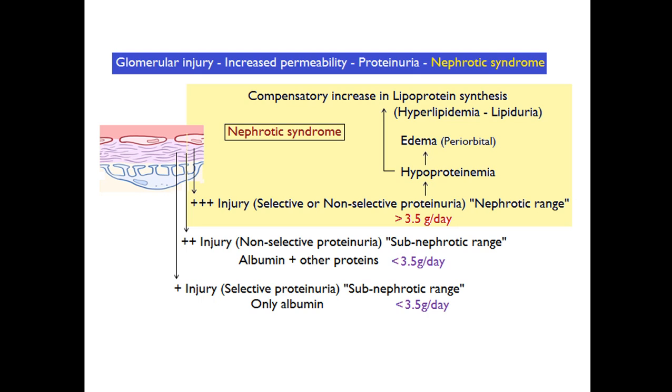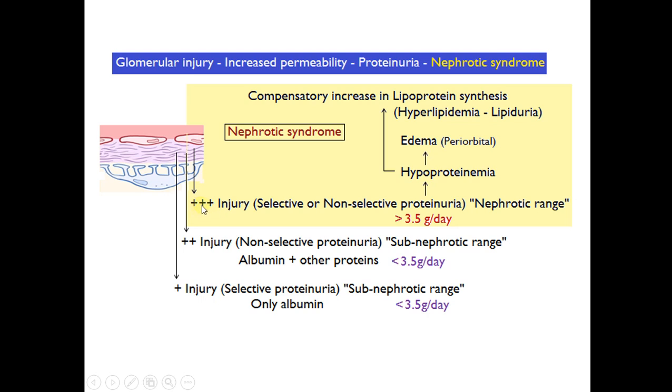But it is important to remember that if the excretion or loss of albumin is less than 3.5 grams per day, then we say that this is the subnephrotic range. It will not give rise to nephrotic syndrome. And we say this is subnephrotic range proteinuria.